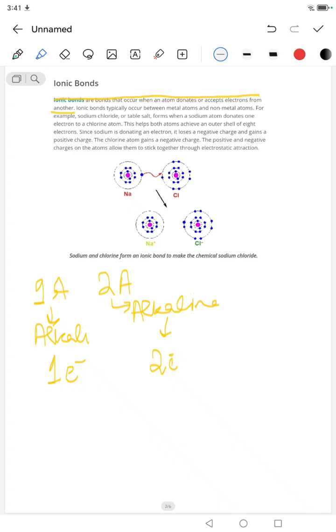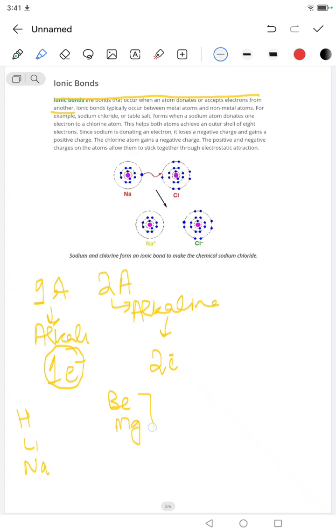So the elements, which is like hydrogen, lithium, sodium, potassium, rubidium, cesium, they all are belonging to group 1, and beryllium, magnesium, calcium, barium, radium, these all, they are from group 2.